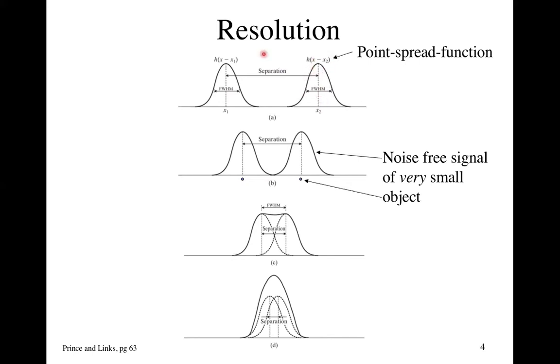Here, the point spread function is shown as an identical function, just displaced by either x1 or x2 from the origin. And most imaging systems we will model that way. We'll say that the point spread function is not a true function of position in the field of view. It is the same everywhere in the field of view. That makes life a lot easier.